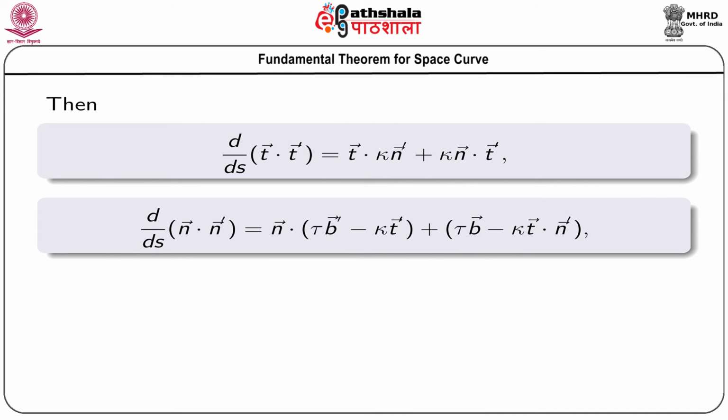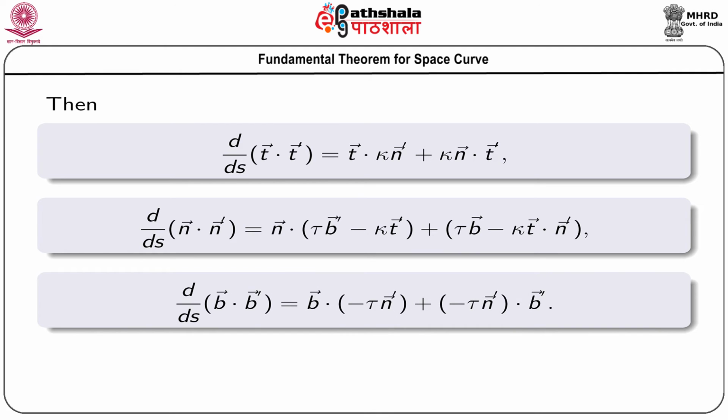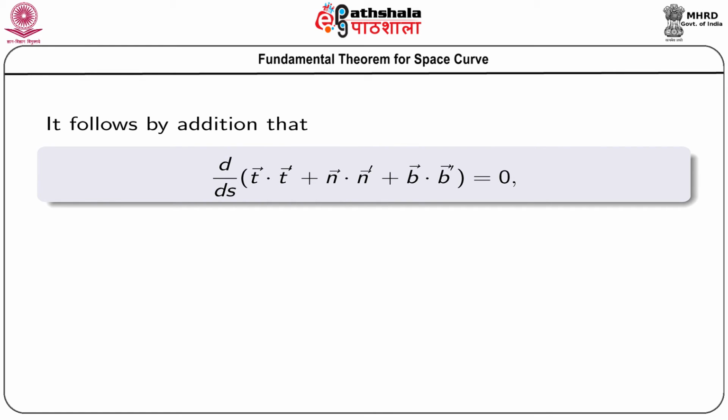And for d/ds of n dot n dash, we are again using the Serret-Frenet formulae and we get this expression, and also for d/ds of b dot b dash. Now, if we add these, d/ds of (t dot t dash plus n dot n dash plus b dot b dash) comes to 0.